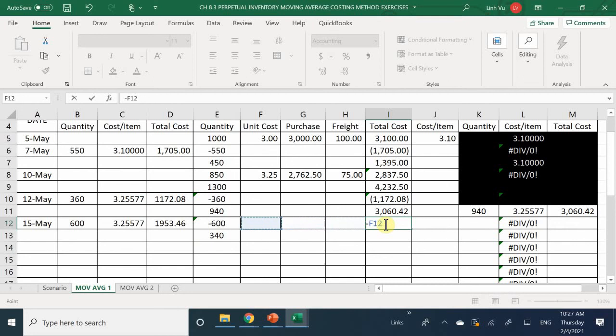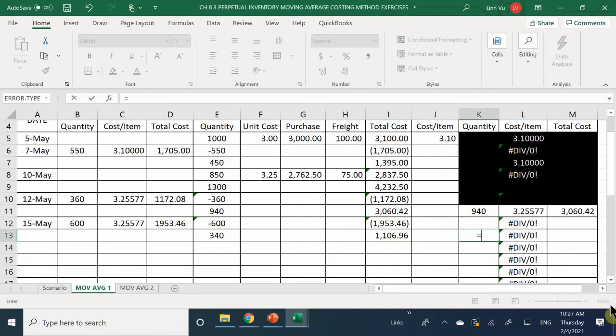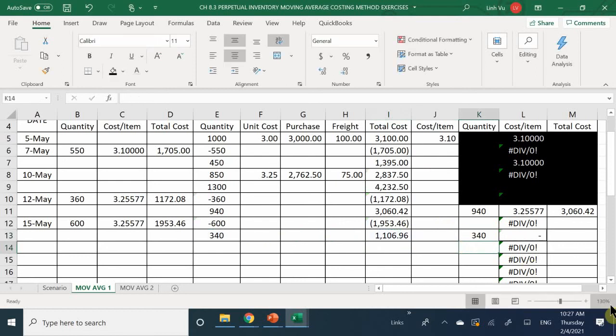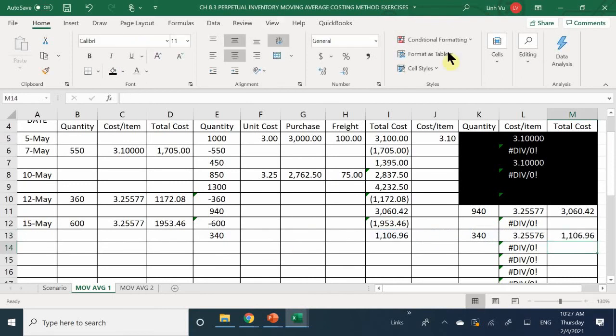I'm going to eliminate my 1953.46, and that should give me now 1106.96. So once I have that, again, I'm going to carry my values over into my inventory worksheet, and my new average cost has slightly changed. It's changed by a 10,000th of a penny.